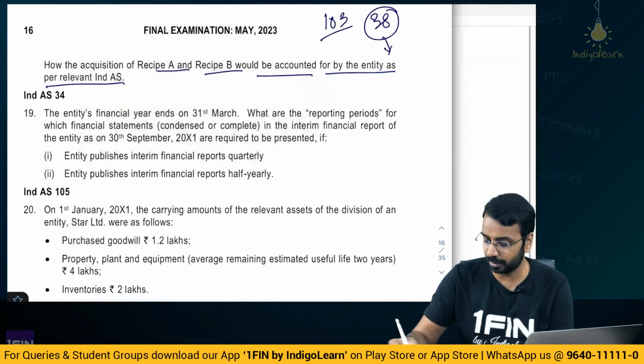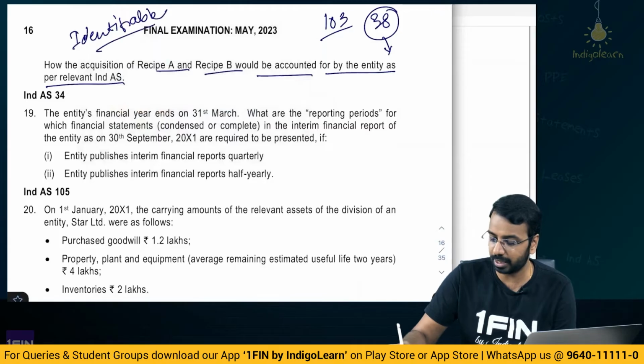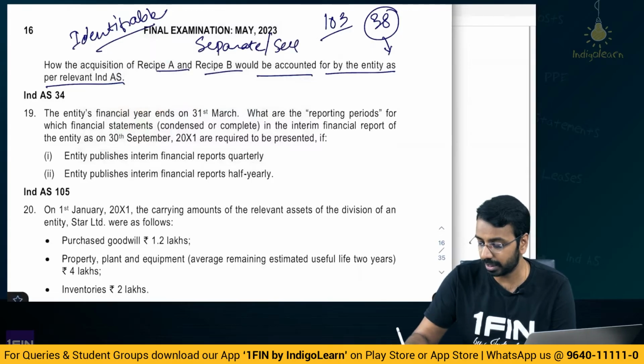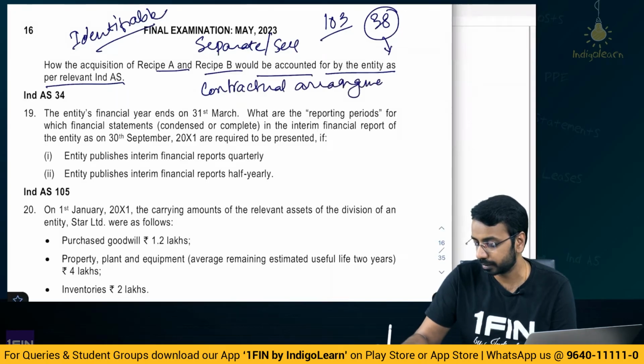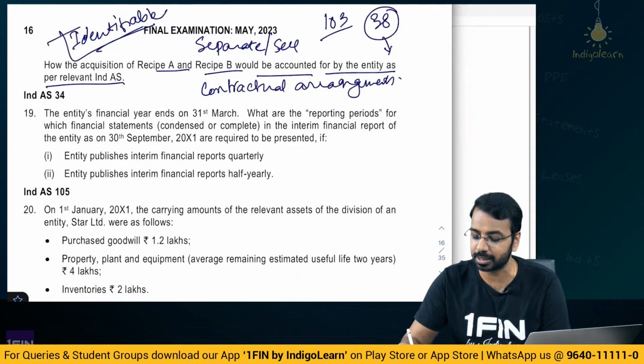Now when it comes to intangible assets, it has to be identifiable. For it to be identifiable, you must either be able to separate and sell, or it arises from contractual arrangements. Right. So in one of these two situations, you say that yes, the intangible asset is identifiable.